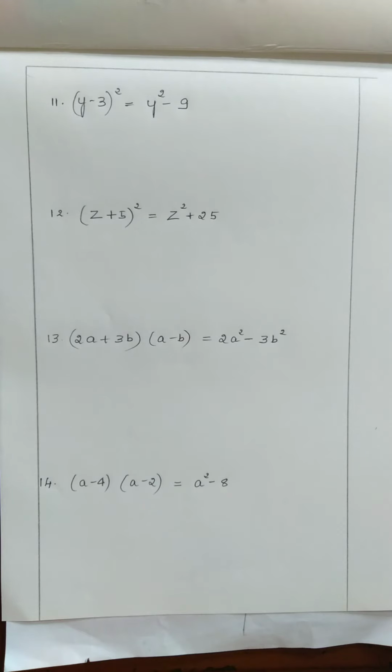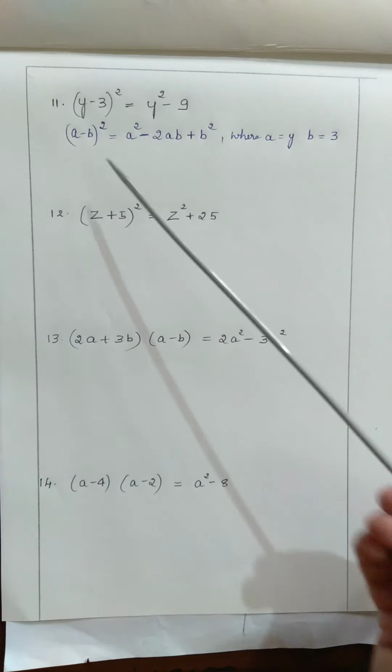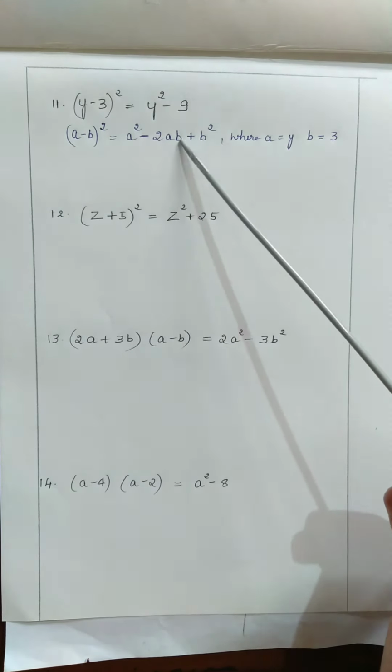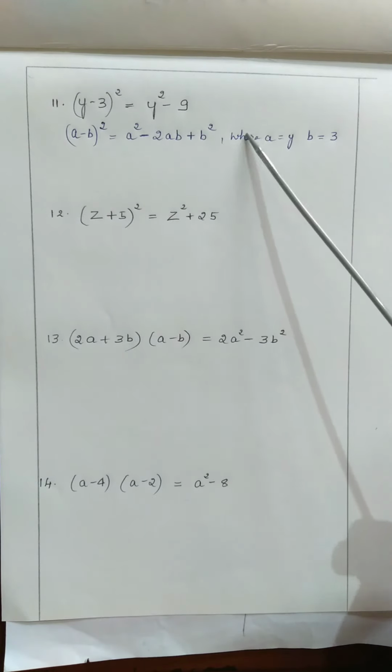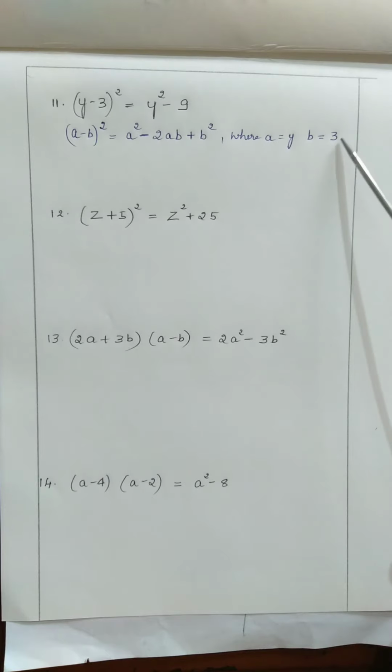The identity is (a - b) whole square, where a is equal to y and b is equal to 3. So (a - b) whole square is equal to a square minus 2ab plus b square, where the value of a is equal to y and the value of b is equal to 3.